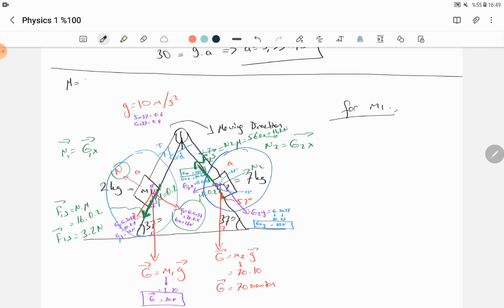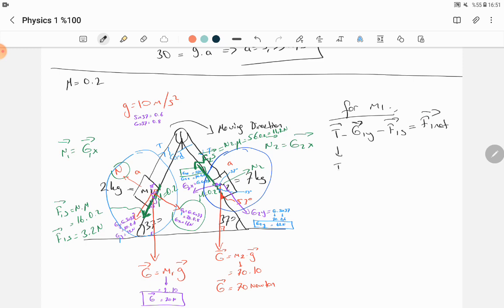And now this system has a frictional coefficient, and the value is 0.2. Yes, and let's look into the first mass. If we want to find the first mass net force, the moving direction is the right side, and T is bigger than the G1 y projection, and the F1 frictional force equals the F1 net force.